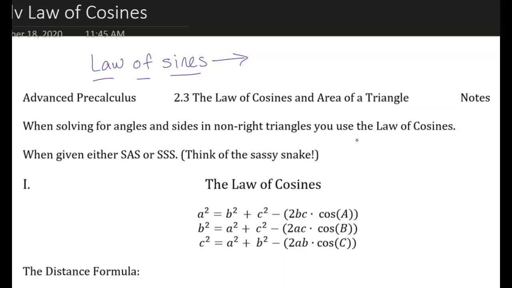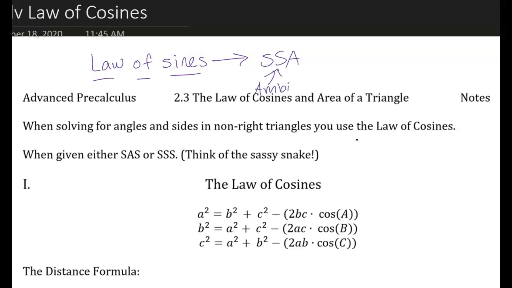Yeah, but what parts would they need to give us in order for us to apply law of sine? Not side angle side though. Yes, we can apply SSA, but we know this is the maybe ambiguous piece, right?